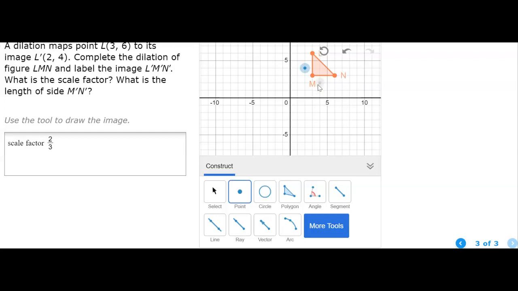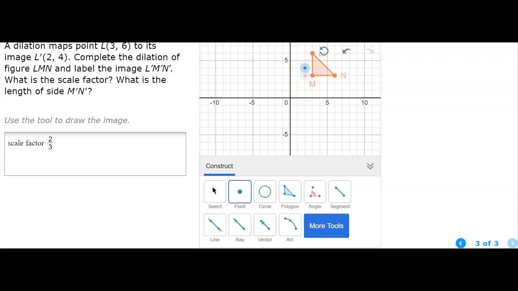So I have 2 and, what did I say? 6 times 2/3, 4. So we got 2 and 4.